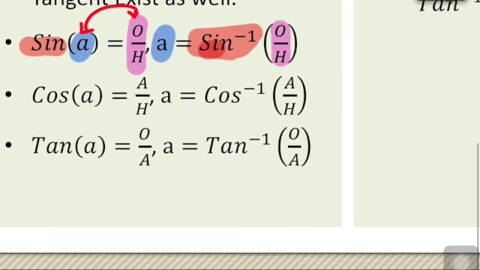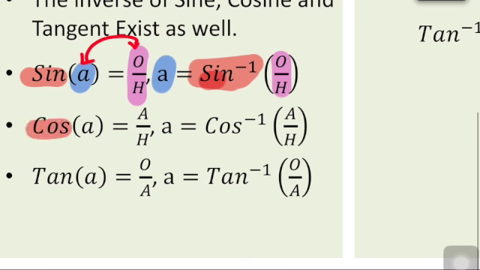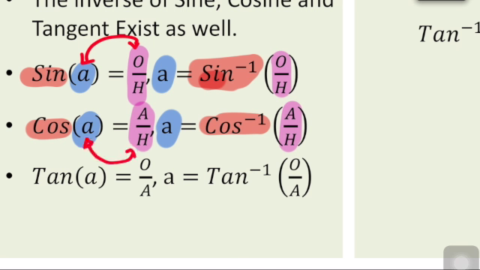Same thing with the cosine. Notice the cosine here, right? The cosine is going to become the cosine inverse on the other side. So notice how the A value is on the inside of the parentheses, and now it's on the outside. And the A over H is now on the inside of the parentheses. So all that happened was that my values switched. The A value switched with A over H. Now in the tangent, same idea.